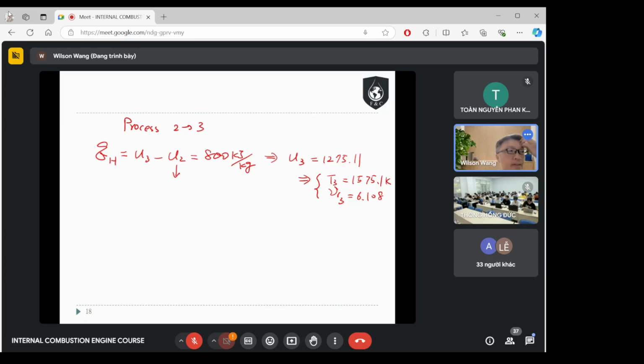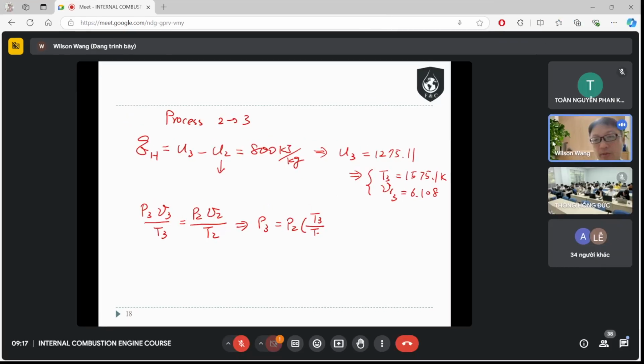Okay, and then based on the ideal gas law, we use the same skill again. So P3 V3 by T3 equal to P2 V2 by T2. Right. So P3 is equal to P2 by T3 by T2 V2 by V3.